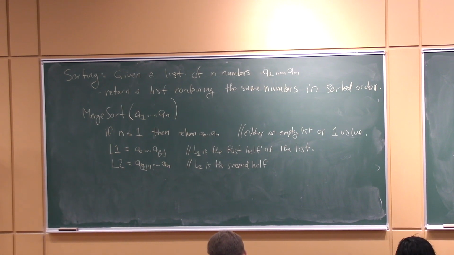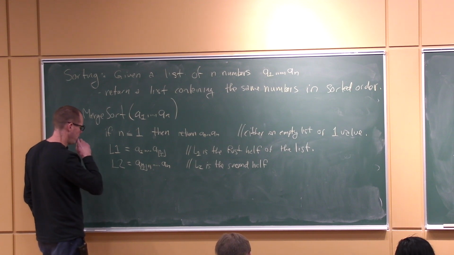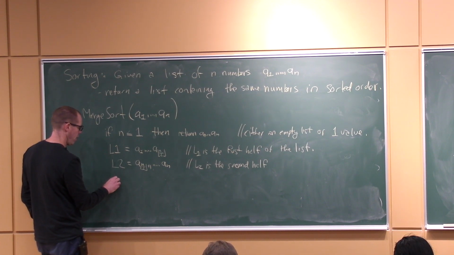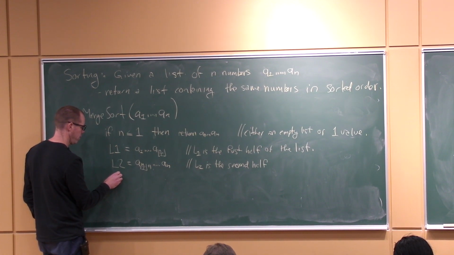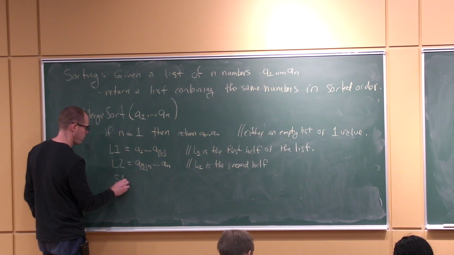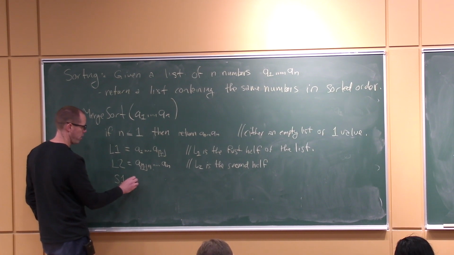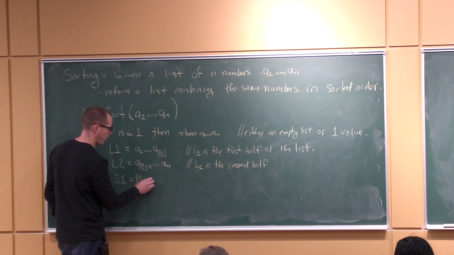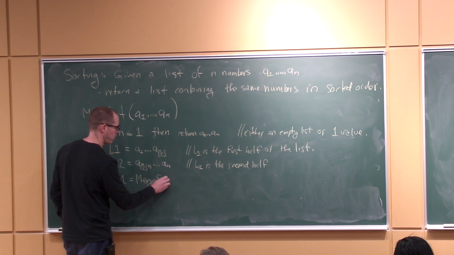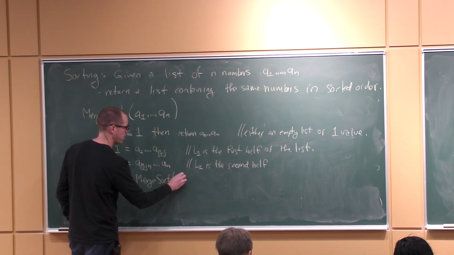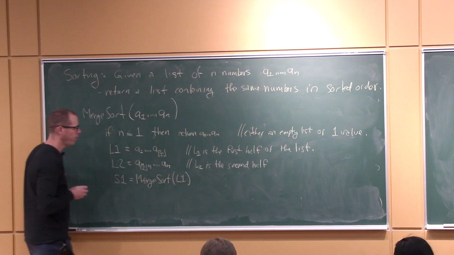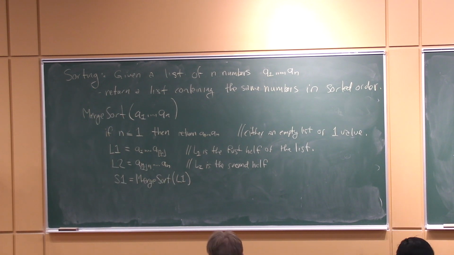All right, and the idea is to recurse on the first half. So let's give this a name. S1 is what we get when we call MergeSort on the list L1. So we sort the first half.